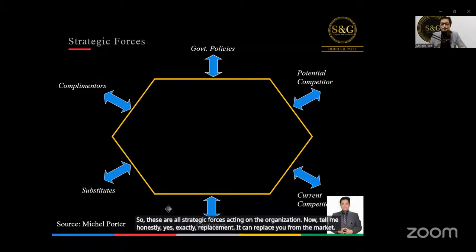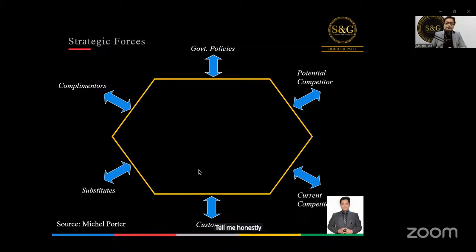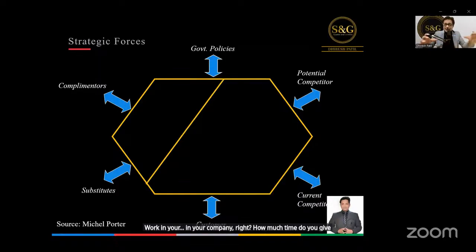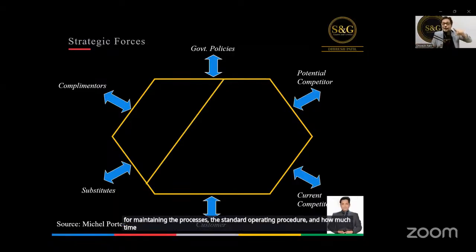Tell me honestly, how many of you work in your company, right? How much time do you give for maintaining the processes, the standard operating procedure, and how much time do you give for innovation and improvement? Okay, I repeat the question.